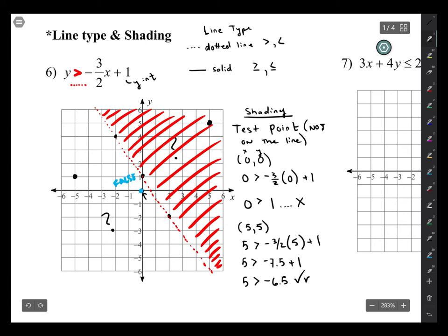So see how that's true, and that is why it's in the shaded region.